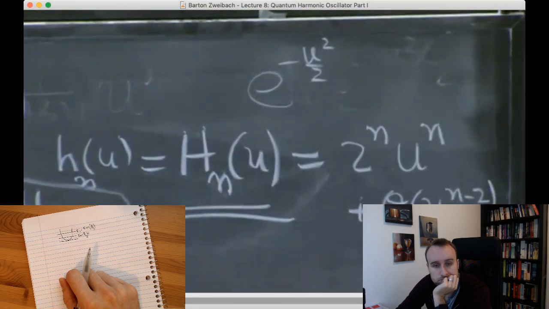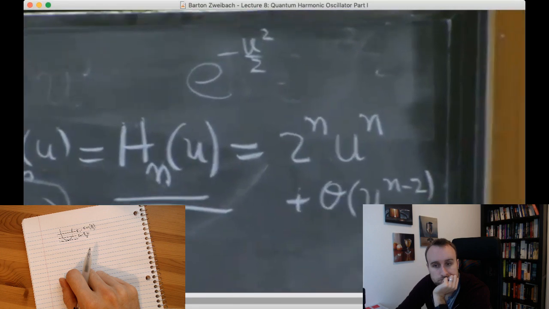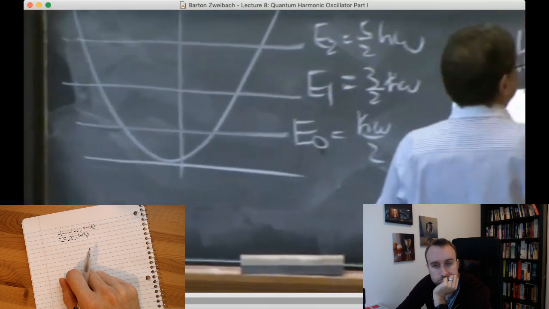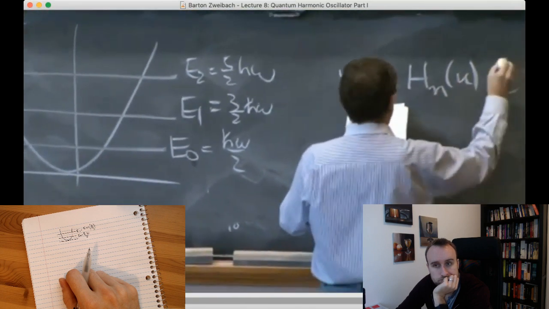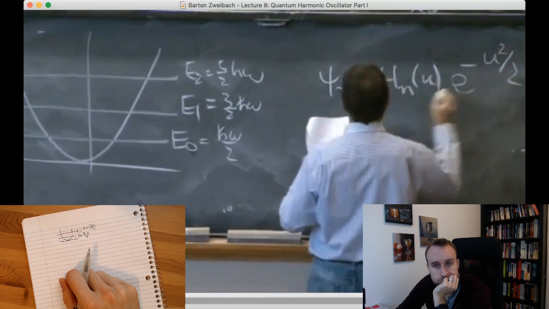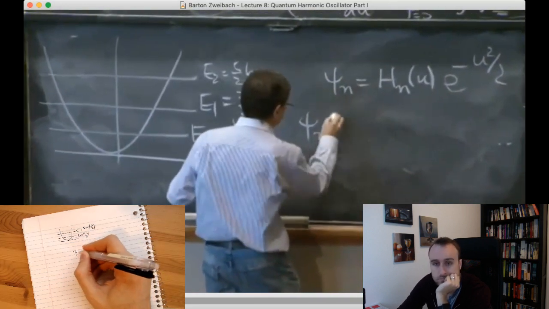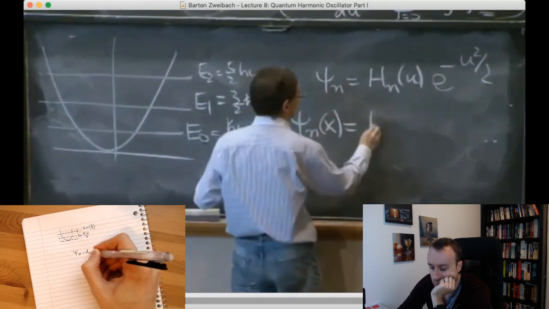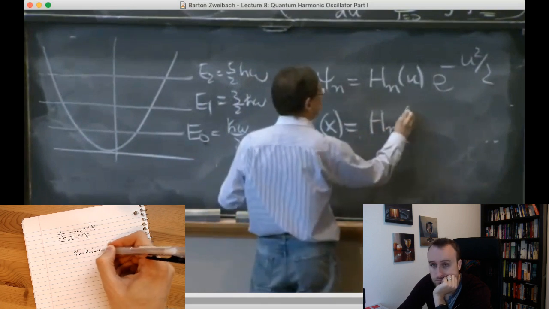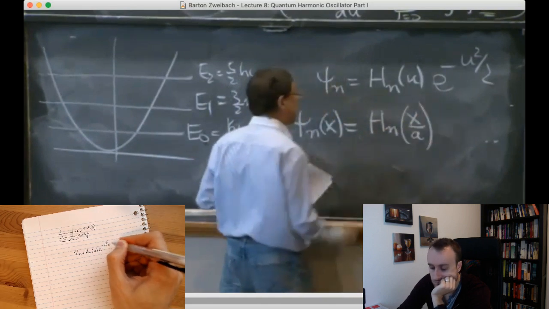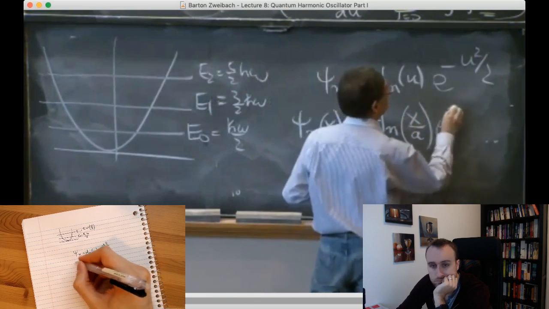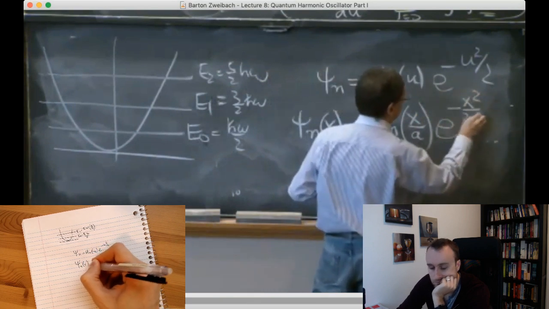The whole solution, in fact, is, as we wrote, psi n equals hn of u e to the minus u squared over 2. In plain English, if you use an x, it will be hn. U was x over that constant a we had, and you have minus x squared over 2a squared.